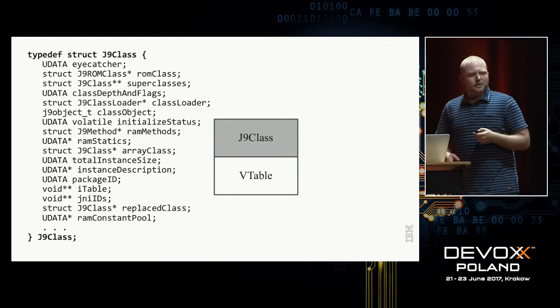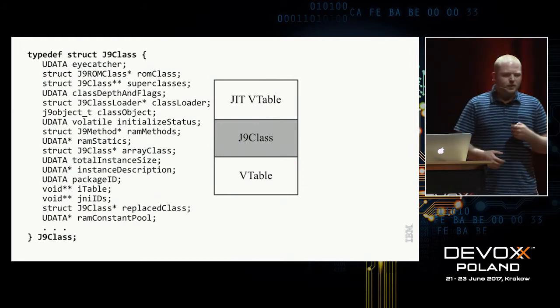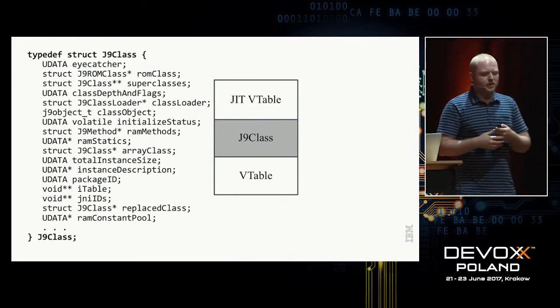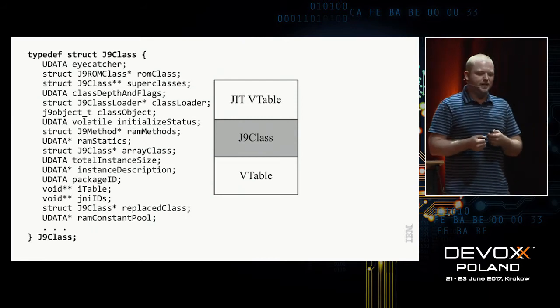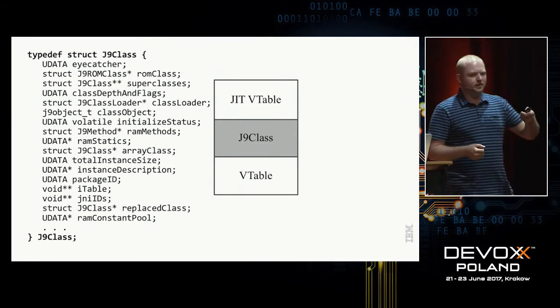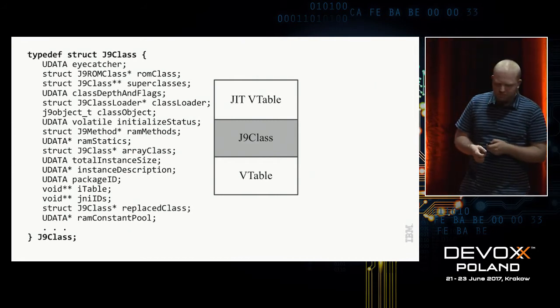But one really cool thing we did here was to put the JIT's vtable immediately before the J9 class. That way, it's just as easy for us to get to a JITted method, a compiled method, as it is to get to an interpreted method.